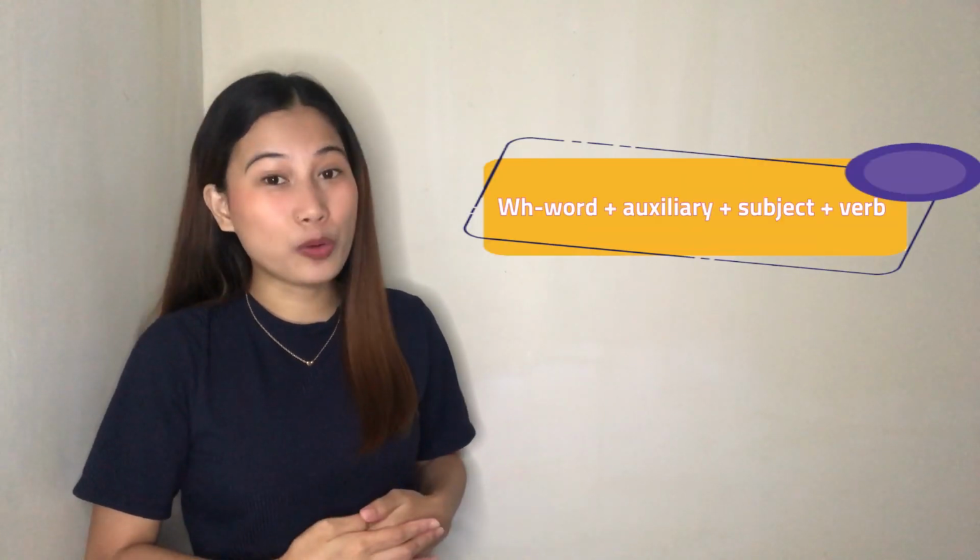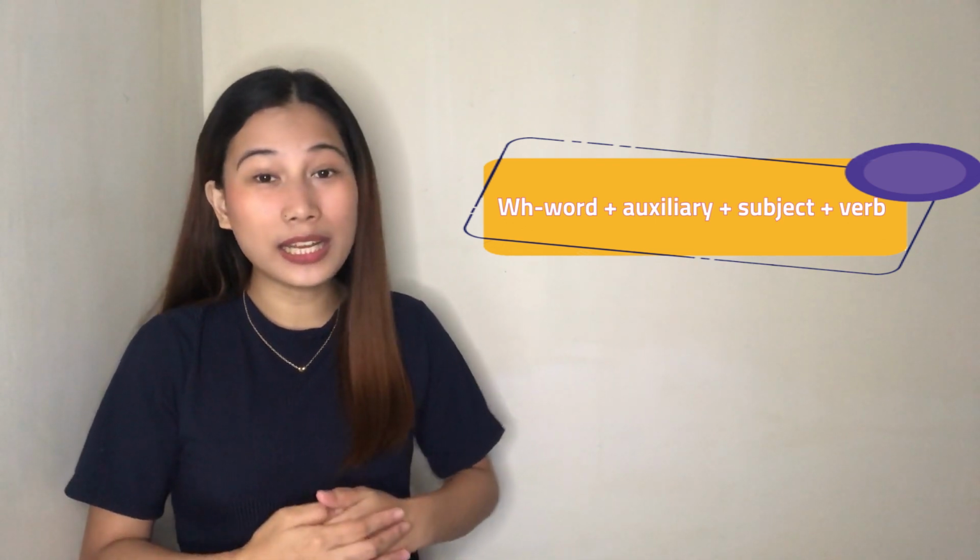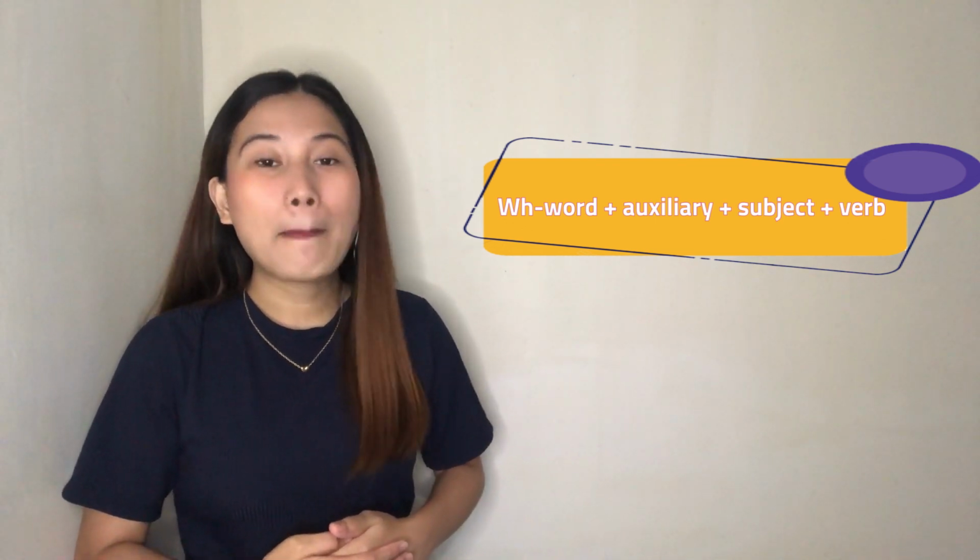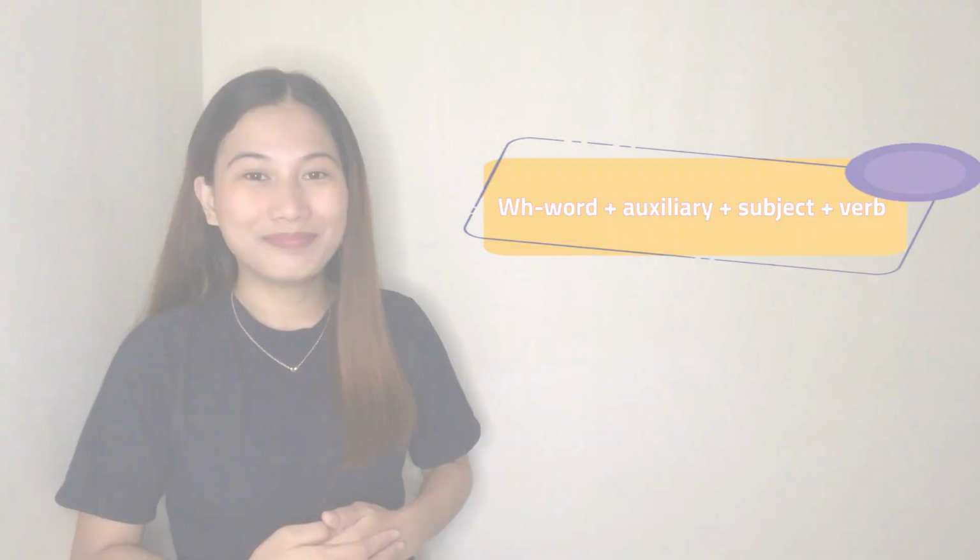In English, interrogative questions often begin with words like who, when, where, why, what, and how. The formula for the interrogative sentence is WH word plus auxiliary plus subject plus verb. Interrogative sentences can also be positive or negative.